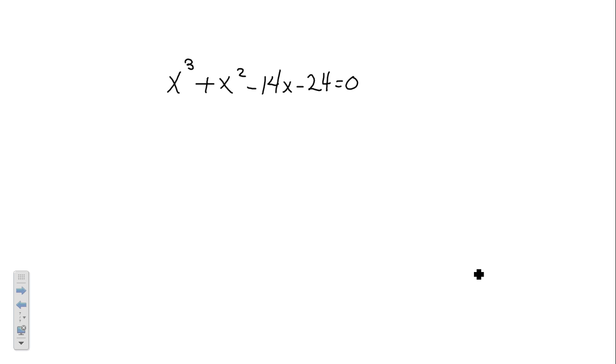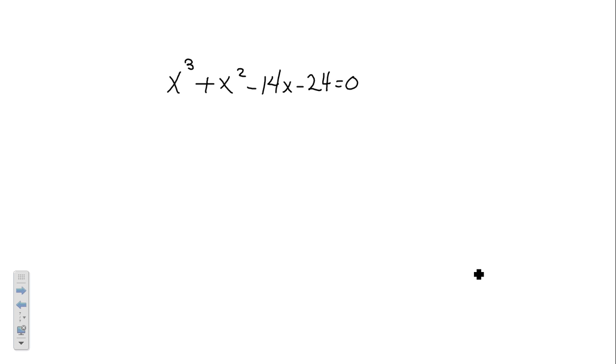Kobe, what are we going to do here? Four terms now, right? What does our strategy say? Factoring strategy says what? Anyone? Grouping. Okay. It may or may not work.